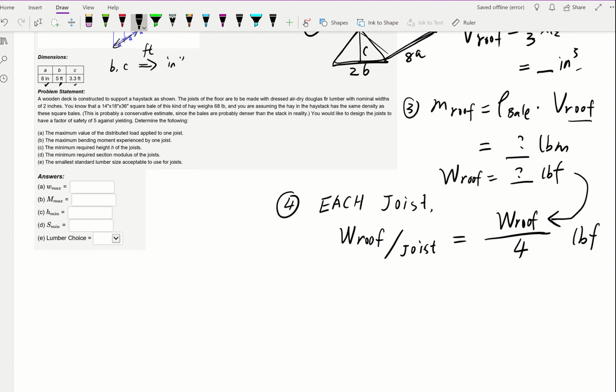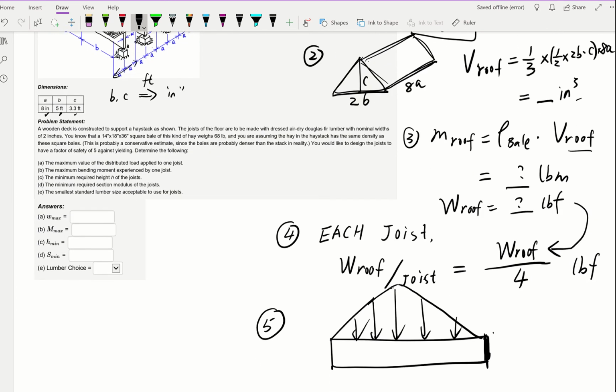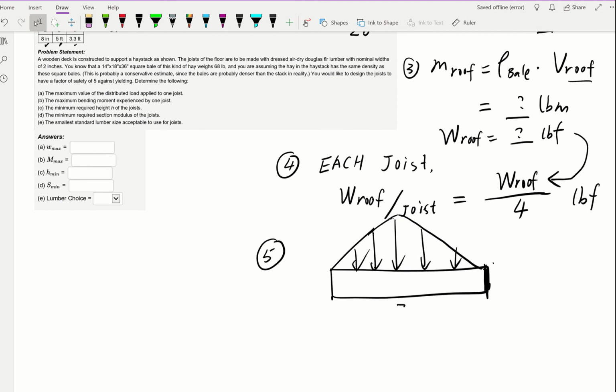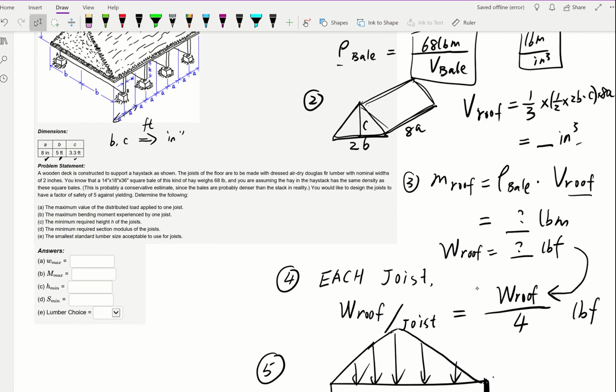Okay, so now we're going to get some useful information. For each of those joists, we're looking at this view, and they will have this triangular distributed load on it. That's how we approximate it for each joist. And each joist has length of 2b, and the height is h right here.